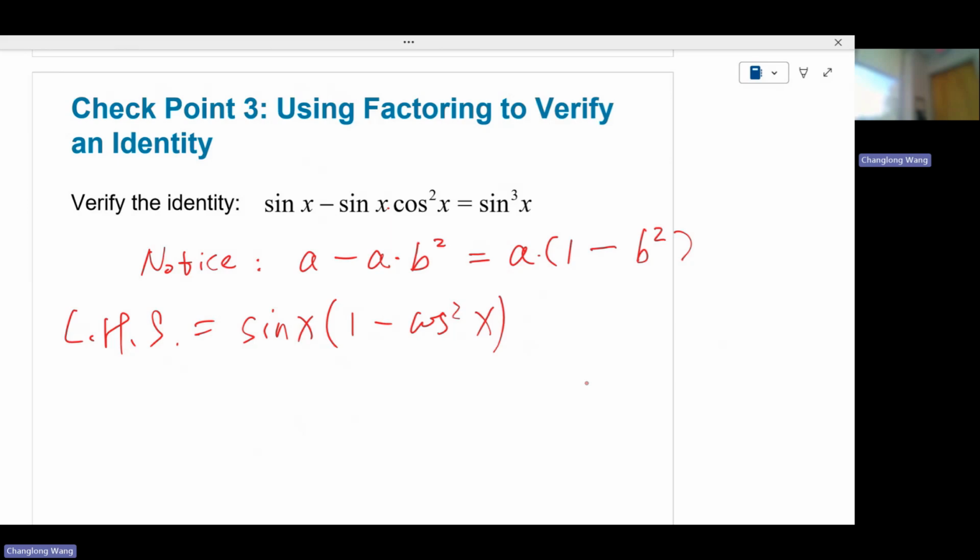So now the question becomes, is there a way, or do you notice any identities in the picture you just took, that can turn cosine square into sine square, or something to the sine of x, because I want everything to be in sine of x, so then hopefully it will be the same as the right-hand side. Do you notice any identity from that picture you just took?